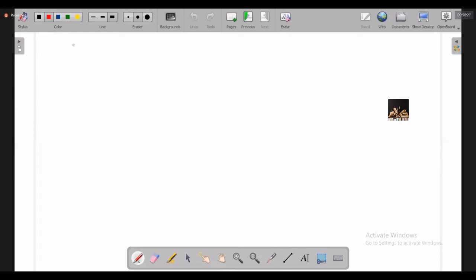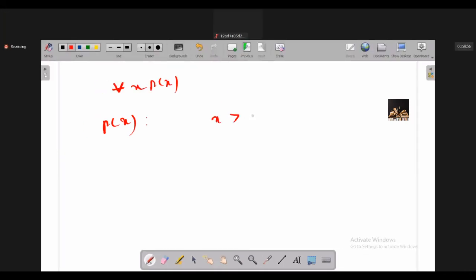Generally, what does it mean that for all x, p of x is true? For every x, p of x is true. For example, suppose p of x is x greater than 10.